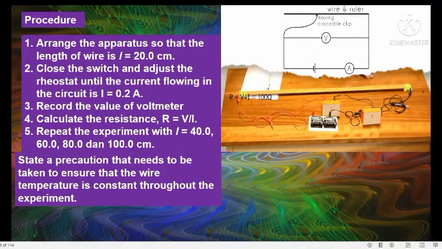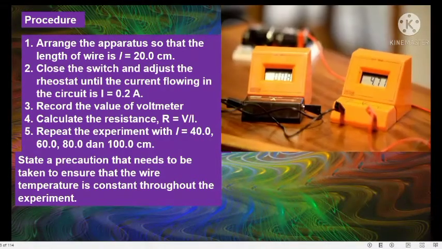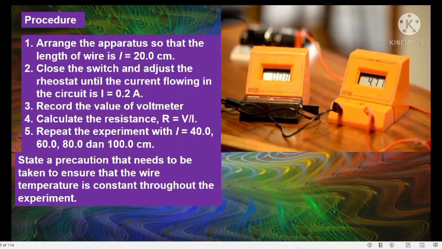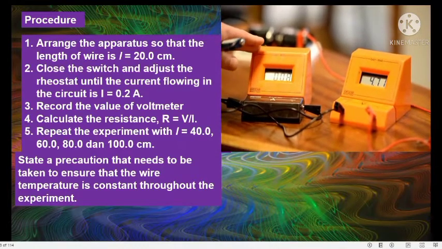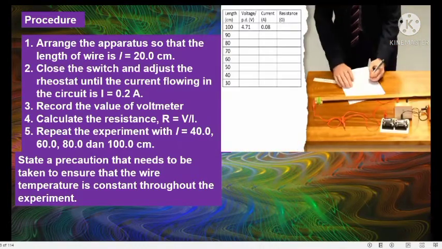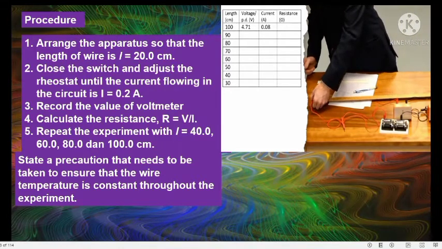Okay, the first value for length is 100 centimeter. For first value of 100 centimeter, you can record the reading of ammeter and reading of voltage. Current is 0.08. For the voltage is 4.71 volt.